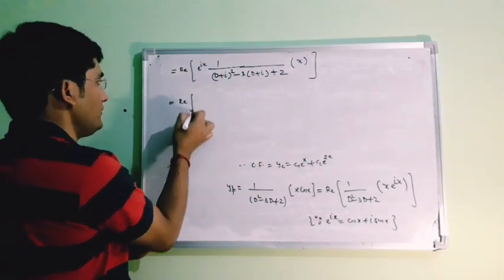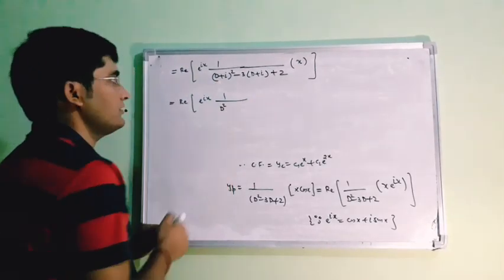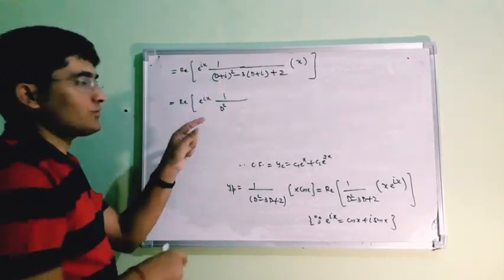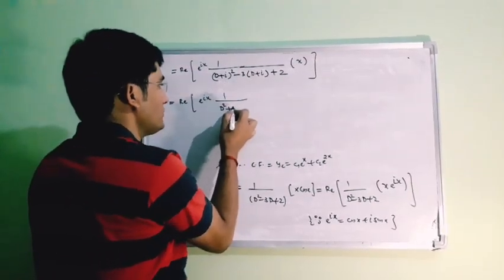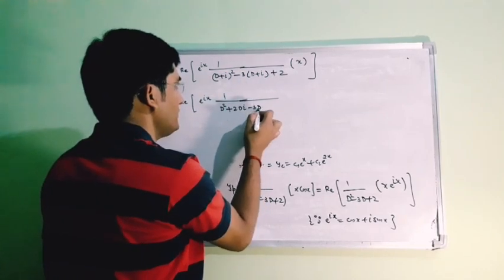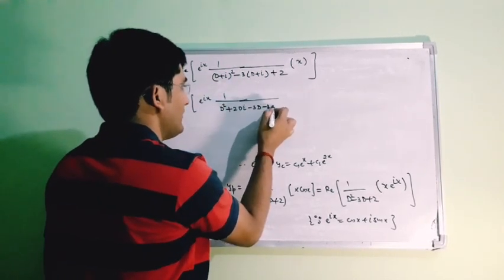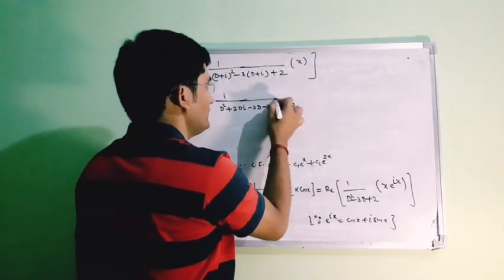Now this is equal to e to power ix times (d plus i) square, which is a square plus b square, b square means i square, i square is minus 1, plus 2ab, so this will be 2bi, and here we have minus 3d, then we will have minus 3i, this i square is minus 1, plus 2.